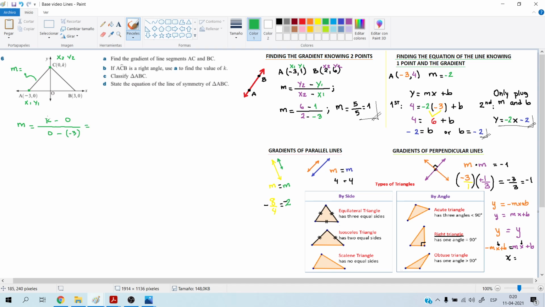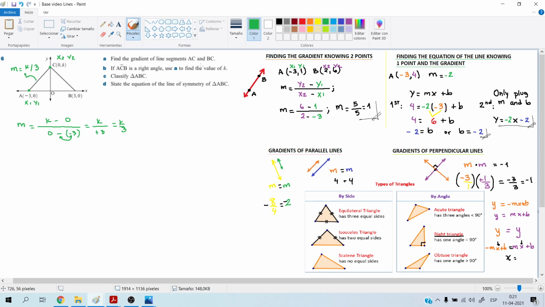And that equals what? Something minus 0 is the same something. And then 0 minus minus 3: when we multiply the same signs, the answer is positive. So negative times negative is positive 3, giving k over 3. So this is my first gradient, k over 3.